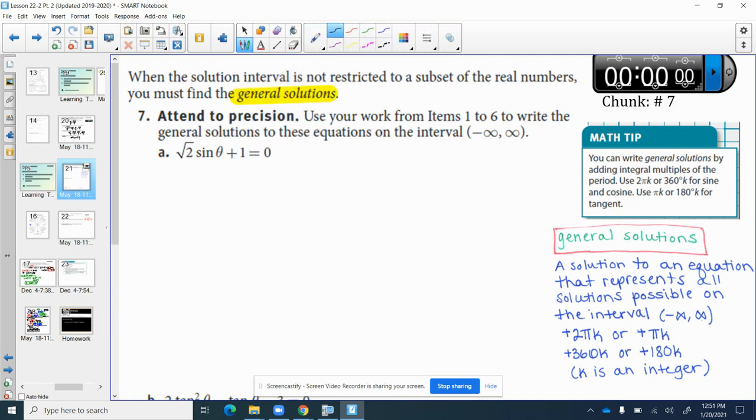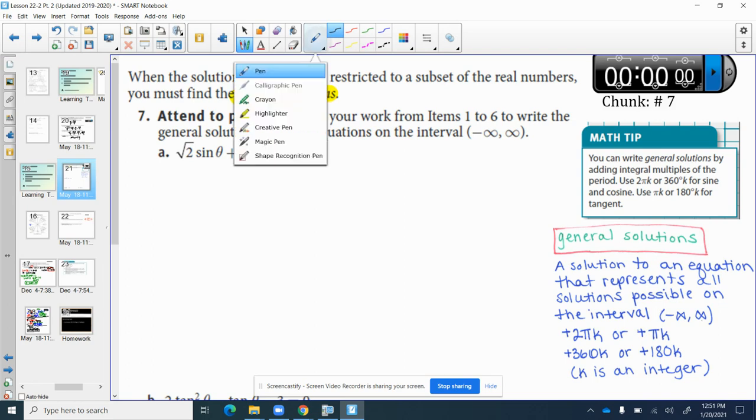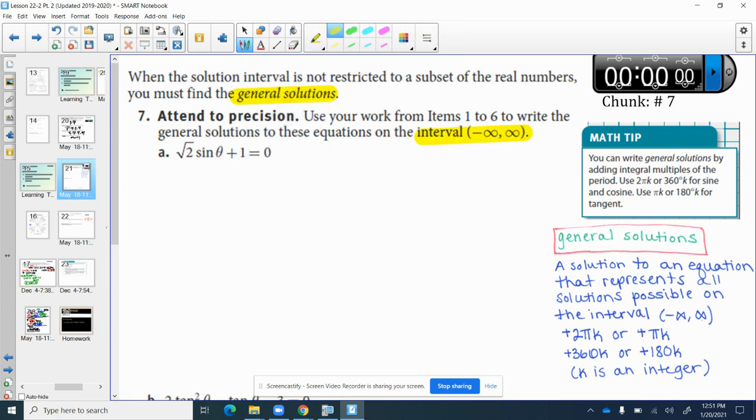When we have the general solutions, you're trying to account for the fact that there are more than just 0 to 2 pi. So the interval we look at there is from -infinity to +infinity, or they'll say the general solutions, okay? Reminder, it's 2 pi k or 360k, usually, depending on radians versus degrees.